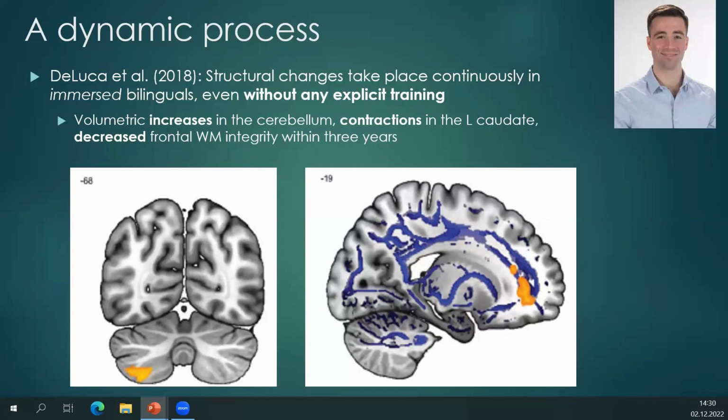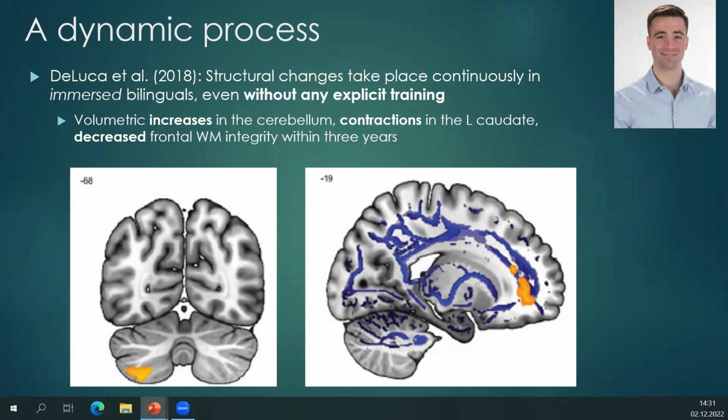We checked whether they started learning a third language, because that would throw a spanner in the works. They hadn't. So they were just minding their own business for 3 years, and then we brought them into the scanner again, and we compared changes in the brain over 3 years. So we found structural changes continuously taking place, even in these people that didn't do any explicit training.